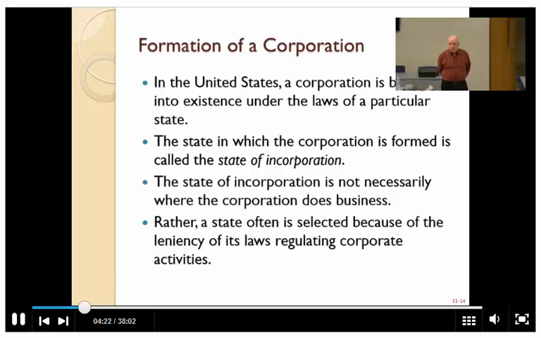And because of that, because it's treated as an individual, it is taxed, and it also has other benefits such as unlimited liability, which we'll talk about at the end of the lecture. Okay, so not every state has the same type of laws. Okay, so that's why a corporation may choose to incorporate in a state other than the state it actually conducts its business.